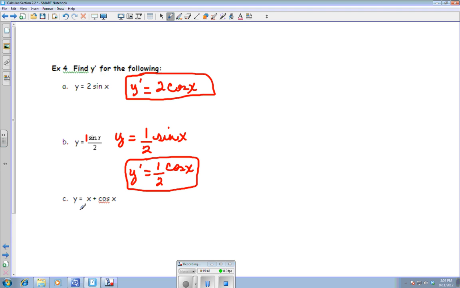Part C, I need to find the derivative of x plus cosine x. So I'm finding the derivative of each term. So y prime equals, the derivative of x is 1. The derivative of cosine x is minus sine x.